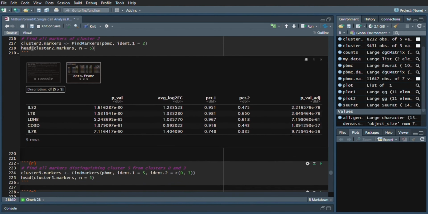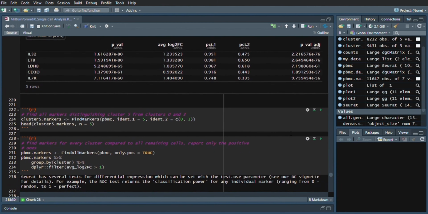And now, let's find all the markers distinguishing cluster 5 from clusters 0 and 3. So, cluster5.markers, we write FindMarkers, and then PBMC, ident.1 equal 5, ident.2 equal c(0, 3), and then head cluster 5, n equal 5. The FindMarkers function, as we said before, is used to identify genes that are differentially expressed between two groups of cells. In this case, it's comparing cells from cluster 5 against cells from clusters 0 and 3.